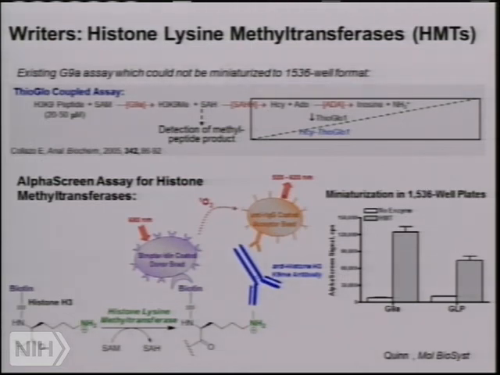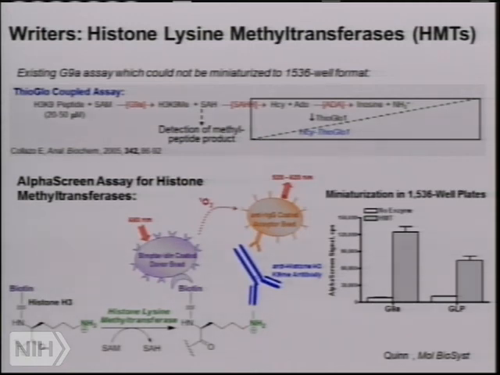We start with biotinylated peptide that represents a segment of the histone protein with appropriate level of methylation or lack of methylation of side chain lysine. In this case, this is a cartoon of H3K9, for example.